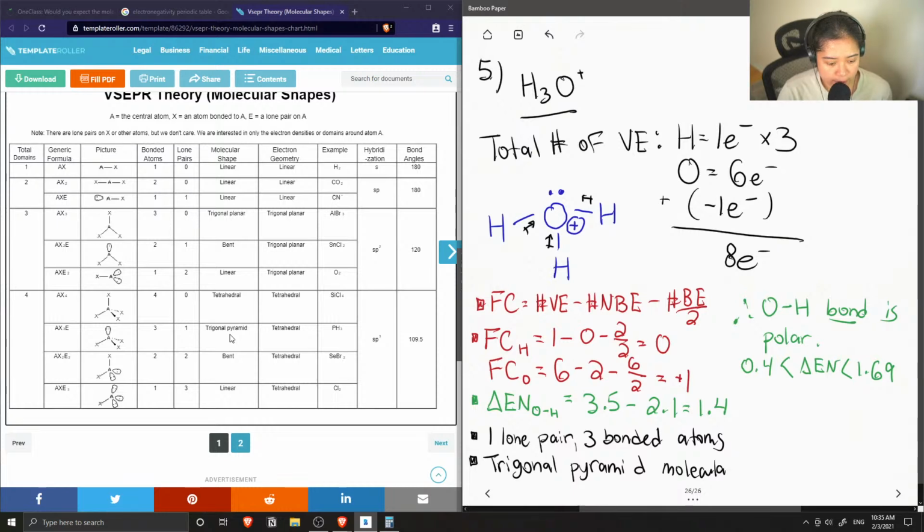And notice that the dipole moments don't cancel each other out. So therefore, H3O plus is also polar. We also have a net non-zero dipole moment.